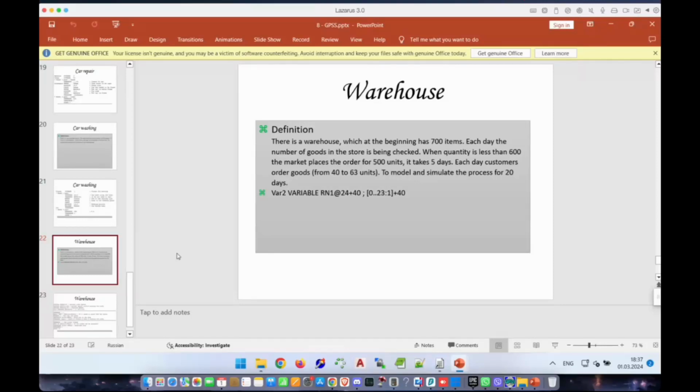And our task is to create a simulation in which once the amount of items becomes less than 600, the shop makes an order of delivery, and delivery takes 5 days. So after 5 days, there will be a delivery of 500 products. So that's literally the task.